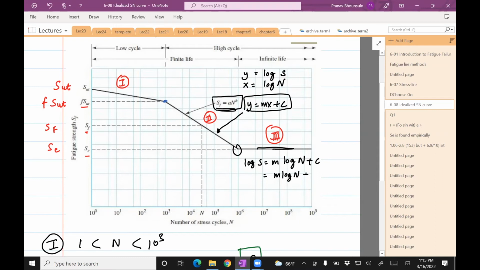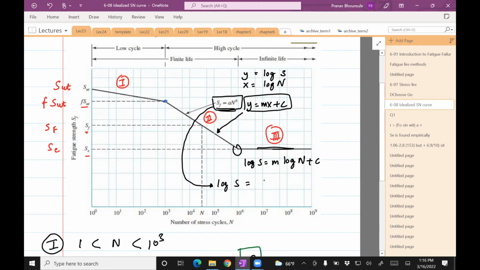So let's assume that this c is log of something. Let's take the log of the equation S_f equals A N^b first, and then we'll be able to relate the two.